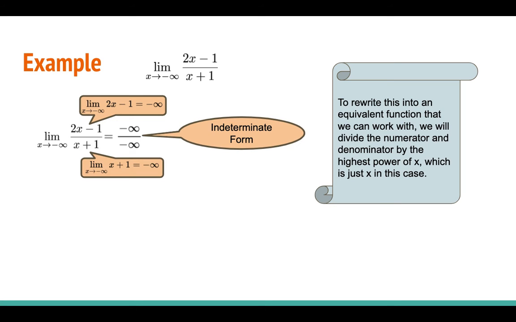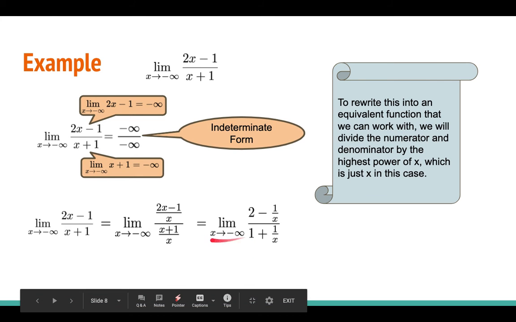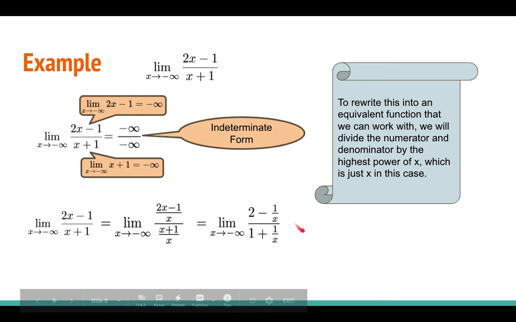And the way we're going to do it is we're going to find the highest power of x, and then we're going to divide both numerator and denominator by the highest power of x. In this case, it's just x to the first power. So 2x over x is 2, 1 over x is 1 over x, and same thing, x over x is 1.